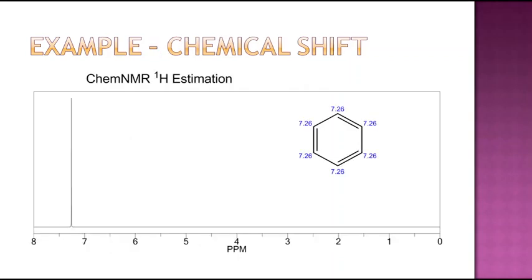You can see here the signal of benzene. The presence of 3 double bonds, delocalized, is an aromatic system. It is a special case, and therefore the signal shifts to around 7 or above, 7.2 is the value. Highly de-shielded protons, due to the presence of the benzene ring, is what is called ring current.